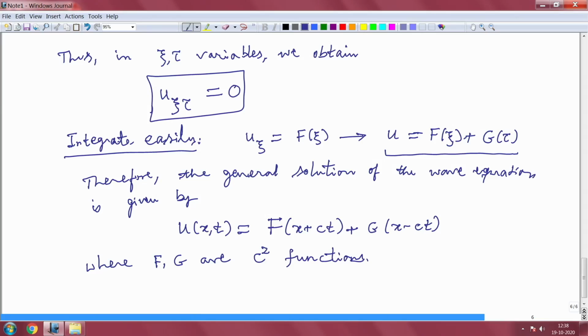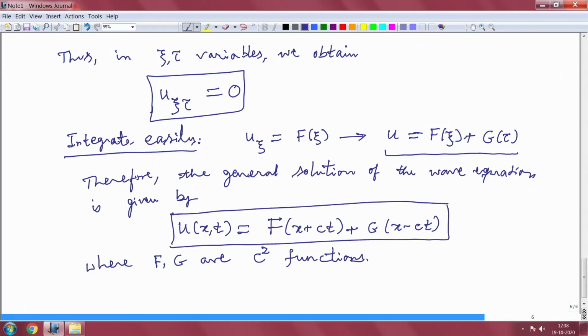In order to determine f and g, these are two unknown functions, so we need to impose two conditions to compute f and g.